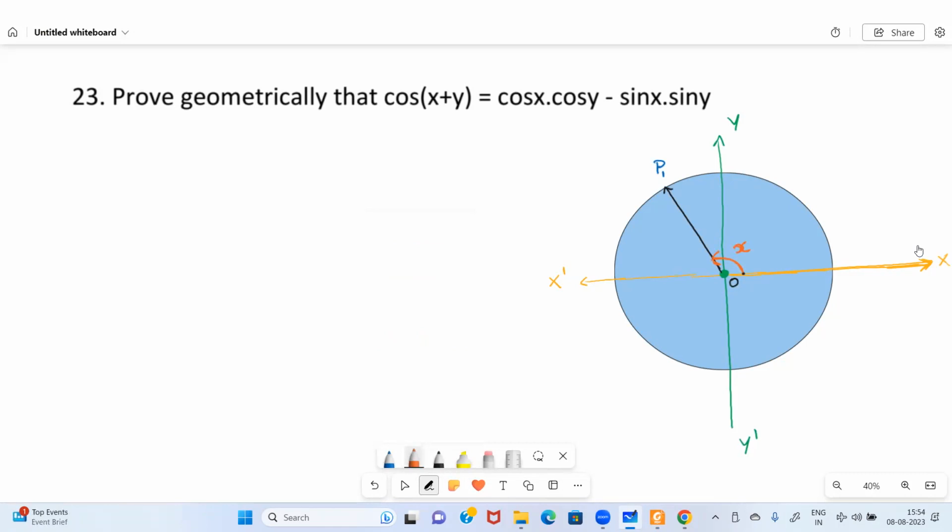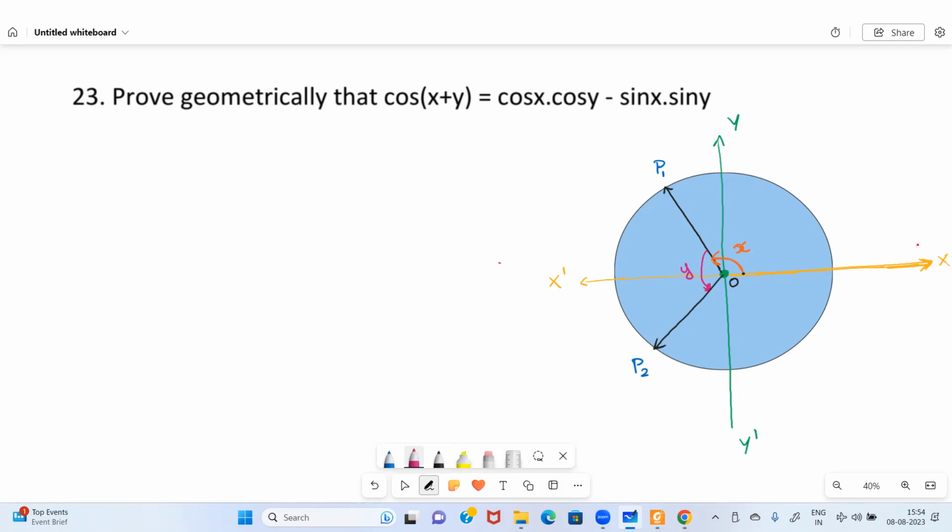This is just for getting the diagram right, because there are marks allotted for your neat diagram. So let this be the point P2. Now this angle is going to represent angle y.